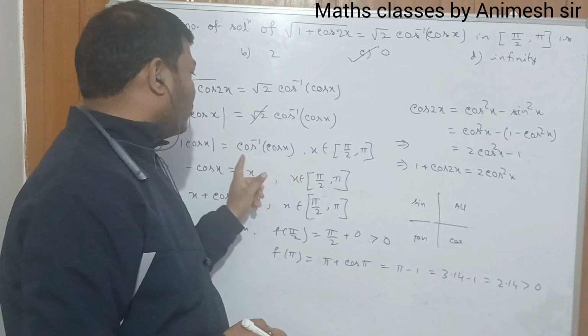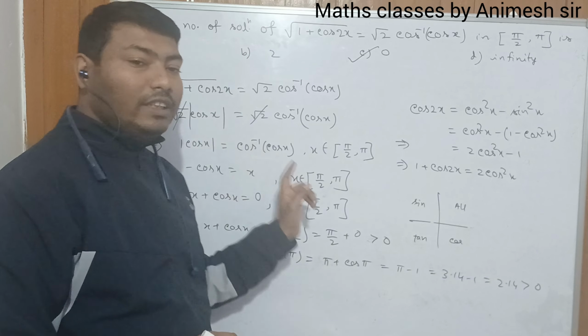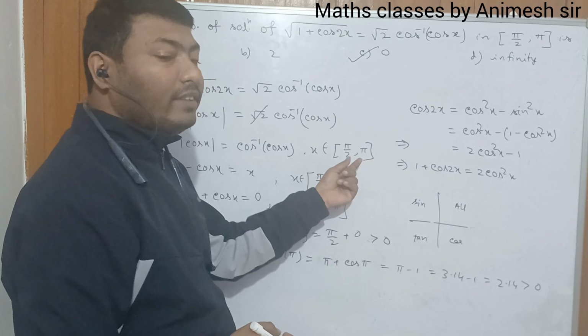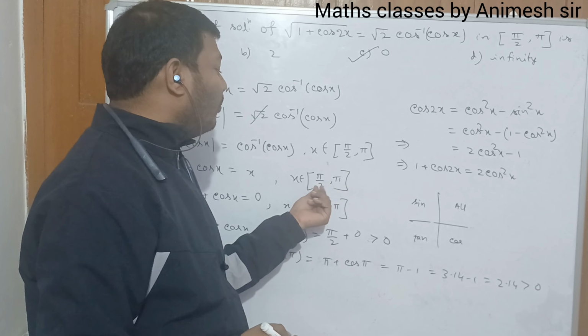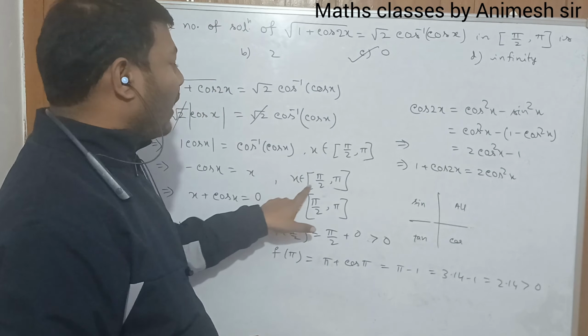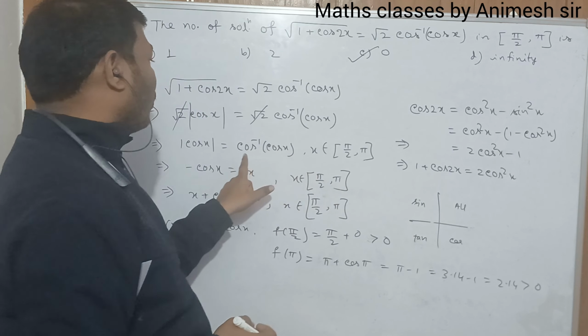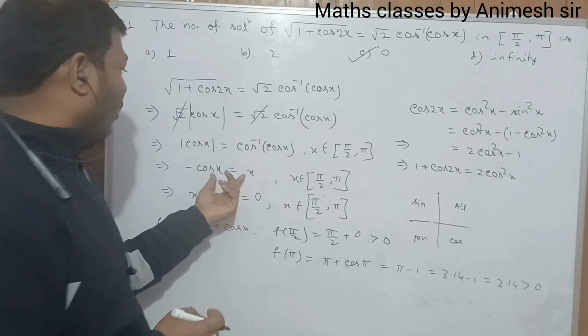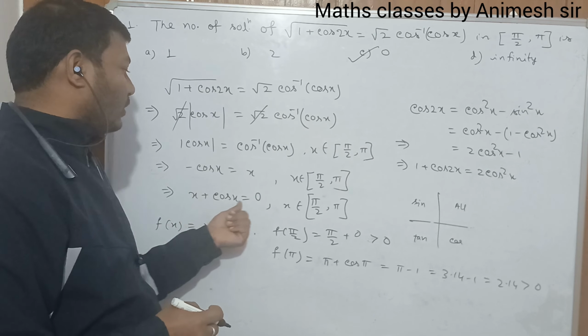Now cos inverse cos x equals x in 0 to pi, and pi by 2 to pi is a sub-interval of 0 to pi. So in pi by 2 to pi also cos inverse cos x equals x, and from here we are getting x plus cos x equals 0.